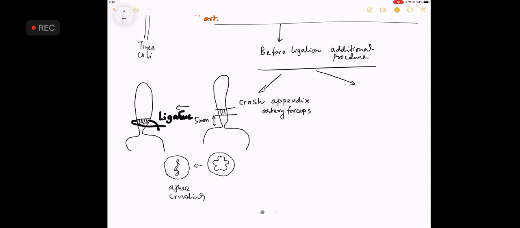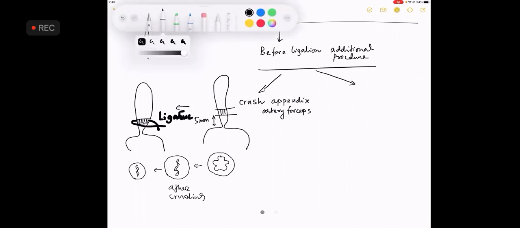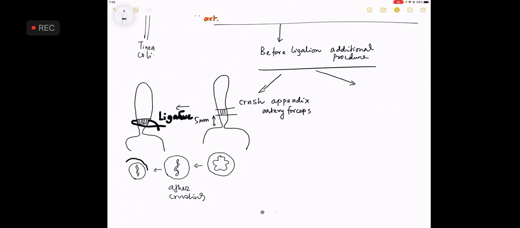And if you have done it after crushing, so let us put a ligature then. So this is the appendix. And then what we will do is that we will put a ligature on the appendix like this. I hope I have made you understand this part.